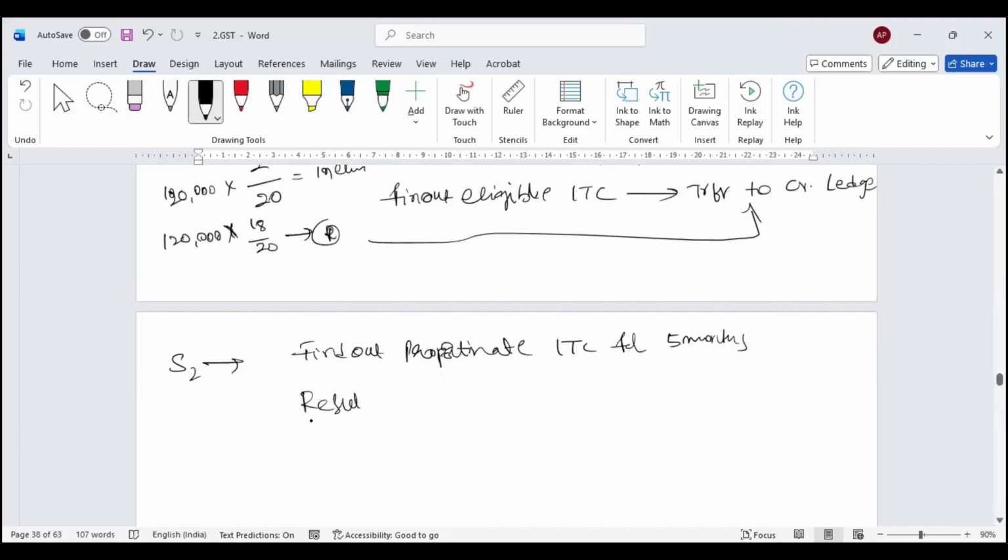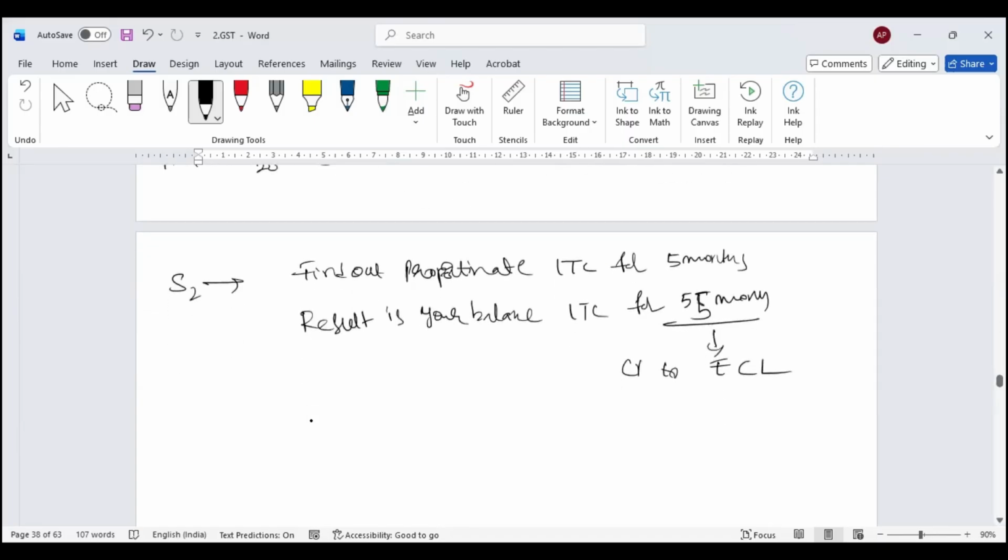Result is your balance ITC for another 55 months. Right? This 55 months, I'll credit to electronic credit ledger. The money of input tax credit, which is resulting for the balance 55 months, I'll credit to my electronic credit ledger. Once I credit to my credit ledger, then I'll find out TM.